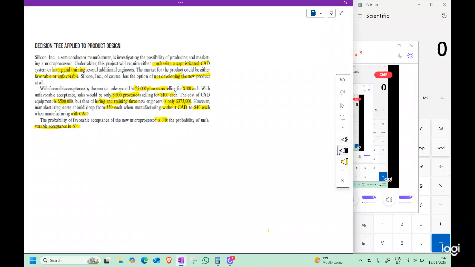Now we go straight to drawing our decision tree. Here you have buy your CAD system.